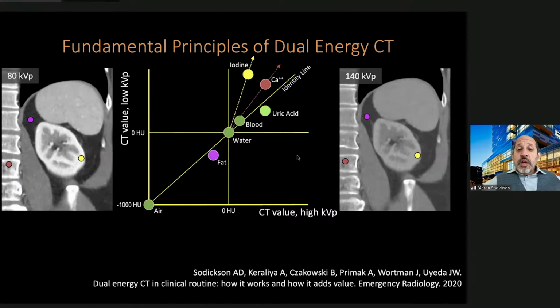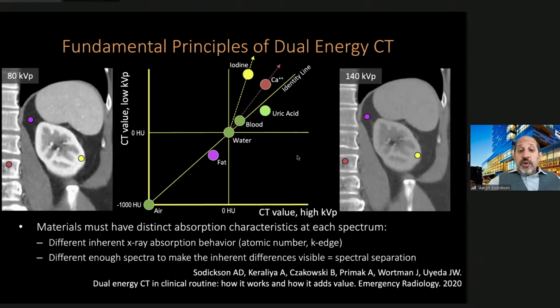So if we think about what we actually need for dual energy CT, there are a couple things. The materials have to have distinct X-ray absorption characteristics at each spectrum, which means that they need inherently different X-ray absorption behavior, largely driven by atomic number and K-edge physics. But we also need different enough spectra in our acquisition to make those inherent differences visible.